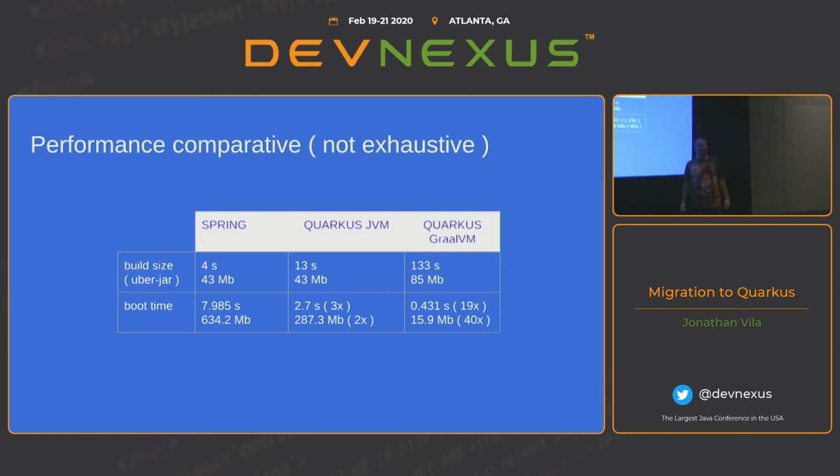When you use GraalVM, you are introducing another layer of, let's say, uncertainty. If you are using JVM, you already know the JVM. So if you want to be safer from a company perspective, the first step is to go to the JVM, because you are improving a lot also using the JVM. And if you want to be, let's say, more risky, you can go to GraalVM, because it's adding another uncertainty to your project.